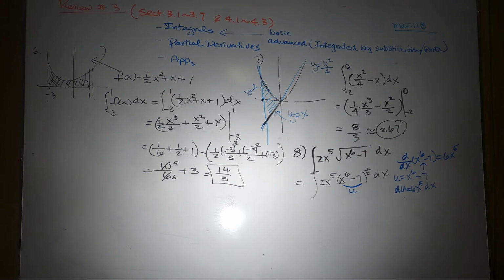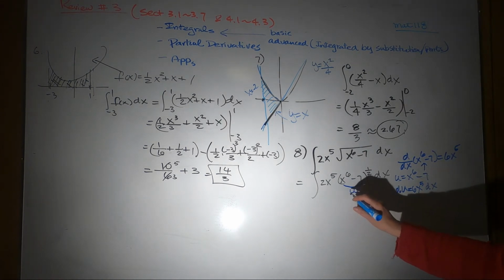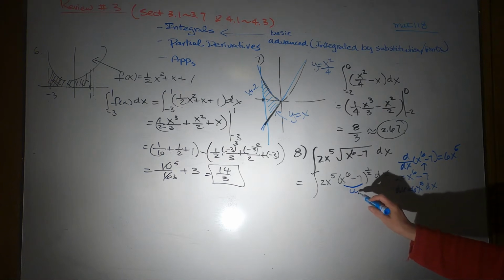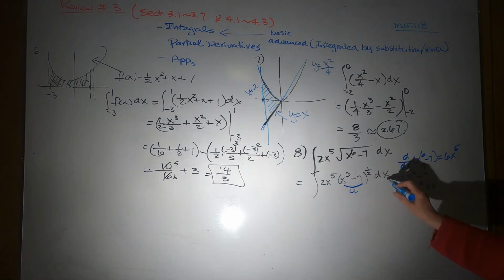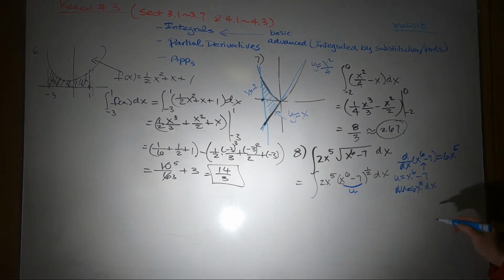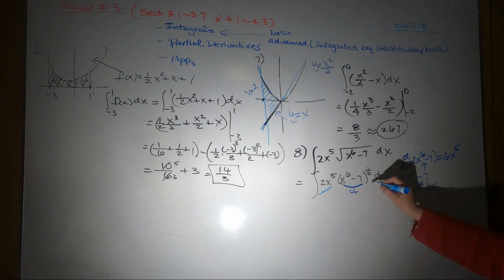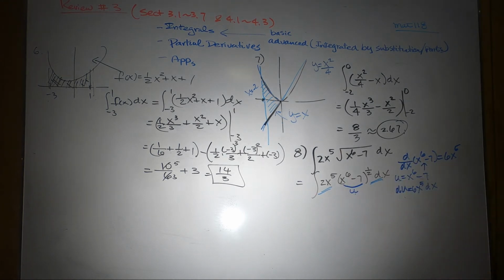Then what else can we do? So that's your u. Then we are going to integrate according to u instead of dx, right? So we have to find the du. So what's your du? The remaining will be your du, right?